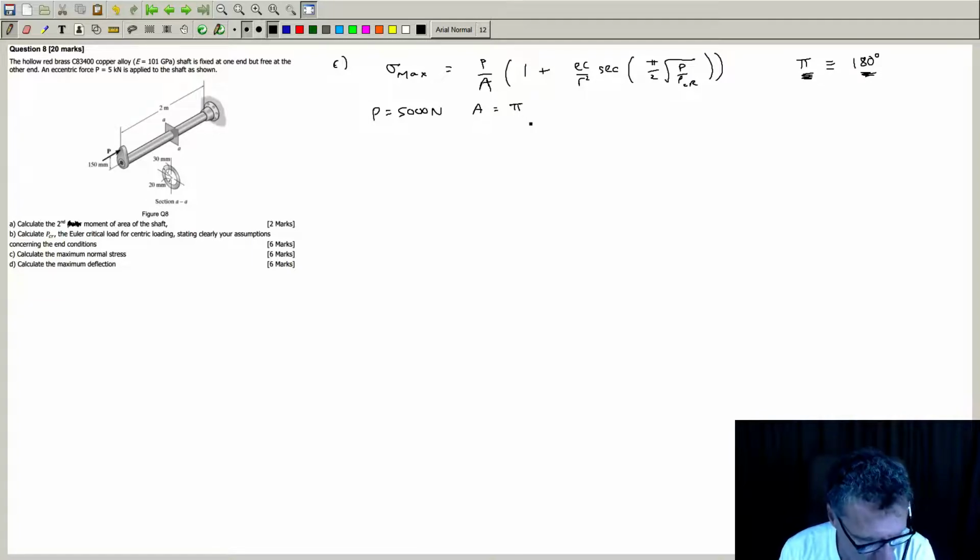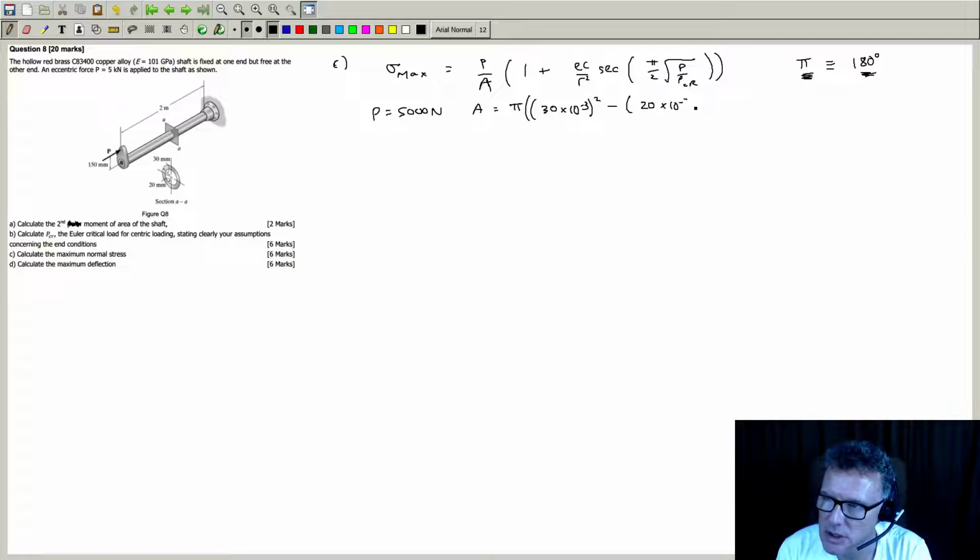This time we have pi, outer radius 30 times 10 to the minus 3 squared, and then take away the inner 20 times 10 to the minus 3 squared. So outer circle area, and then inner circle area. And I found an area of 1.5708 times 10 to the minus 3 meters squared.